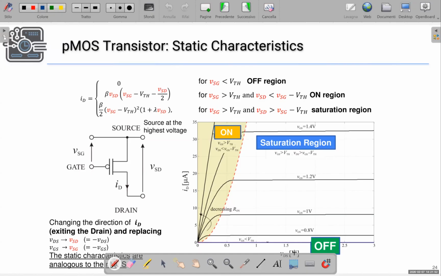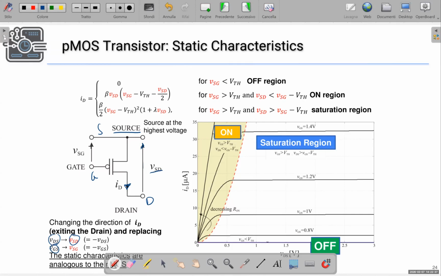Actually, for the PMOS transistor, what we can say is that if we consider the structure of the PMOS transistor in which the source is the terminal at the highest potential, the drain is the terminal at the lowest potential, and the current comes out from the drain, like this, what we can see is that the characteristics of the PMOS transistors are quite similar to those of the NMOS transistors that we have derived so far, provided that the drain source voltage is replaced with the source drain voltage, positive on the source and negative on the drain.